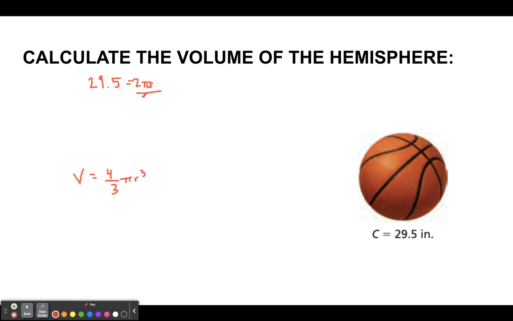Divide both sides by 2 pi. And I end up that the radius is approximately 4.695.